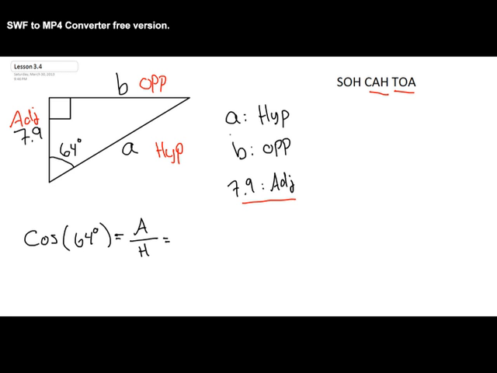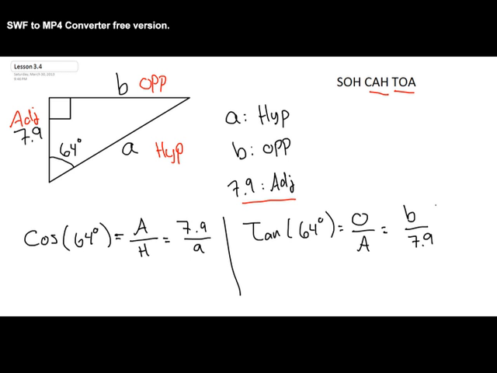So in this case, what we have is our adjacent side is 7.9 and our hypotenuse is A. Now for tan of 64 degrees, this is opposite over adjacent. So what we have is B over 7.9.